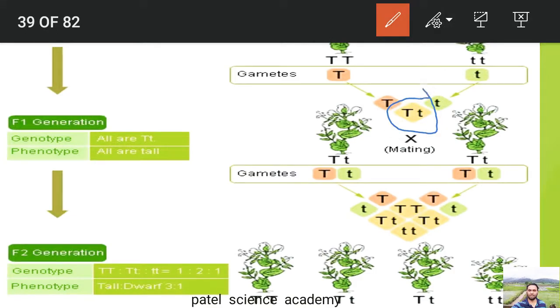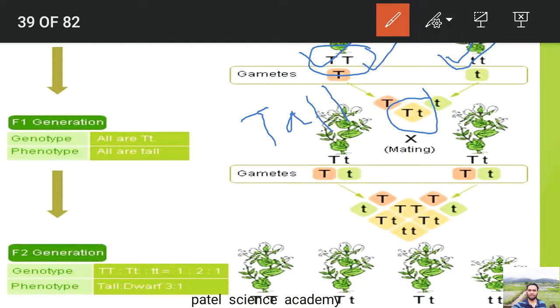According to the law of dominance, when there is a cross between two organisms having at least one contrasting character, like these two parents, one with capital T and one with small t, capital T is for tallness and small t is for dwarfness.